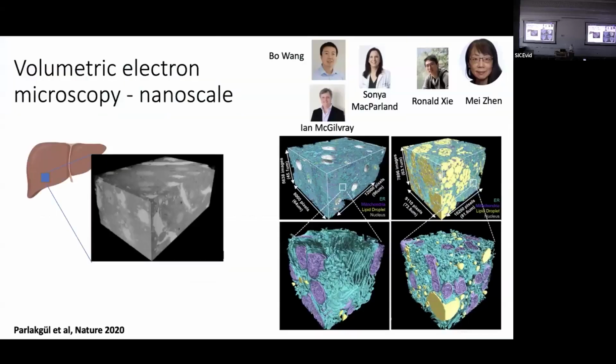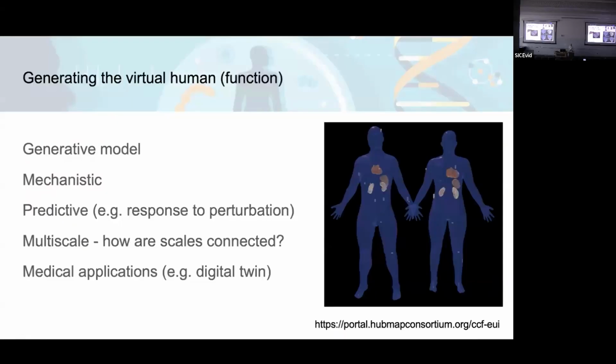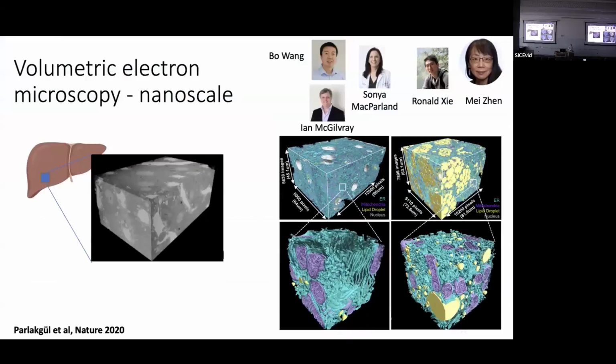So that was just an introduction of some of the ideas that have come out of the discussions at the CIFAR Multiscale Human Program. And I'm going to take you through some projects that we're working on that touch some of these ideas. So the first one is 3D mapping of human tissues at the nanoscale resolution using volumetric electron microscopy.